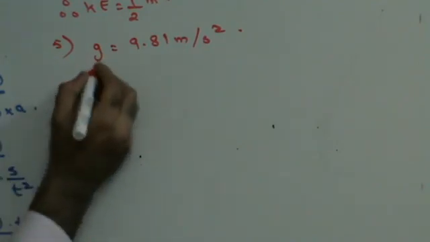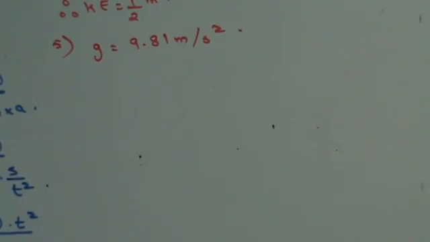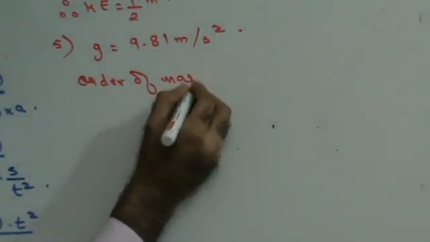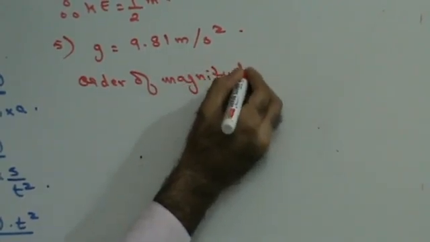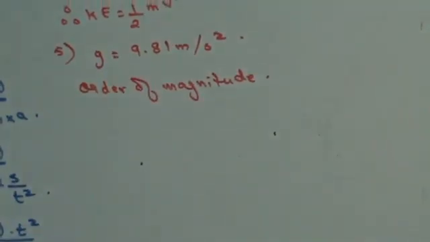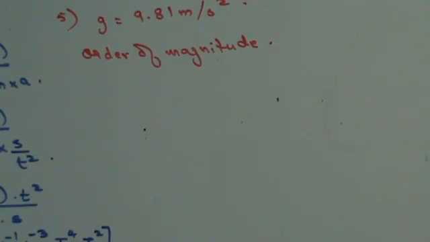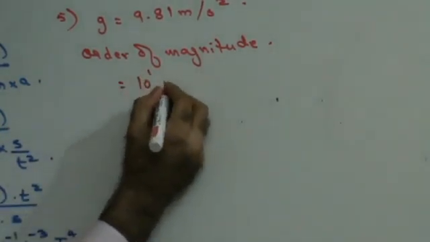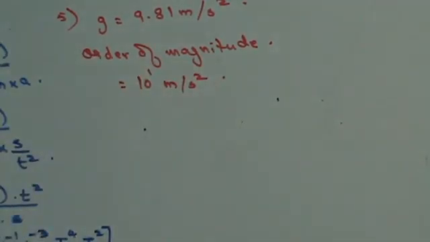Now, 9.81 is approximately equal to 10, right? So in that case, I can say that order of magnitude. What is order of magnitude? When you represent a number in terms of 10 raised to anything, that is order of magnitude. So here, order of magnitude will be 10 raised to 1 meters per second square. That will be my order of magnitude of g.